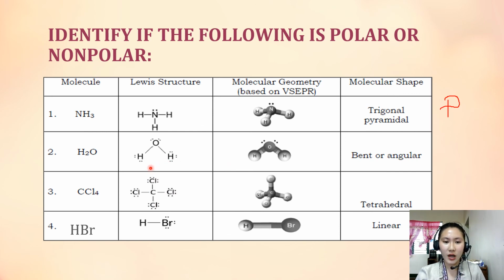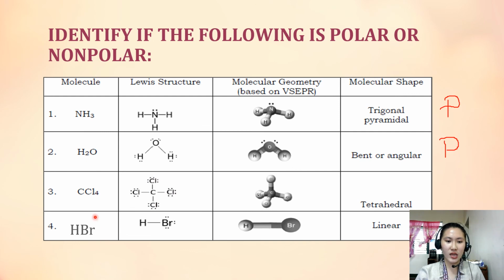So, lahat ba ng electrons ng central atom are bonded? Same ba yung bonding? So, hindi lahat ng electrons ng central atom are bonded. So, meron pa natitira dito. So, hindi equal yung distribution ng electrons. So, this means H2O is a polar molecule.